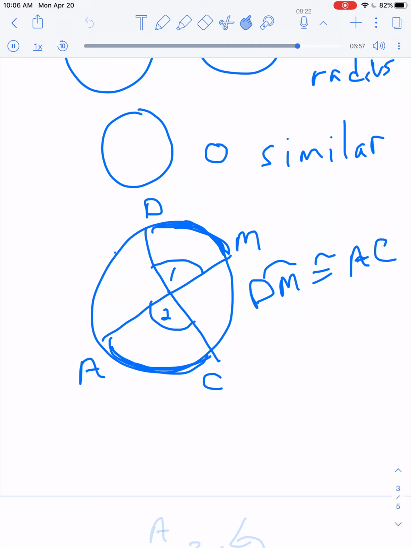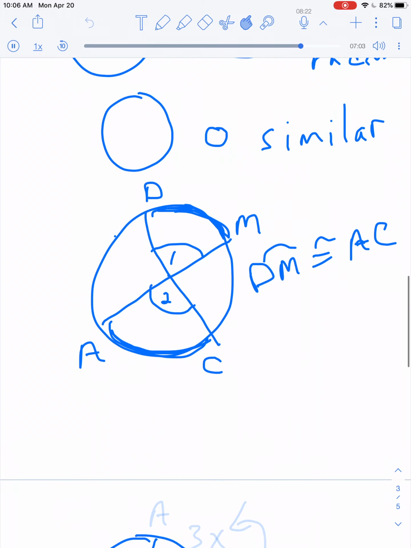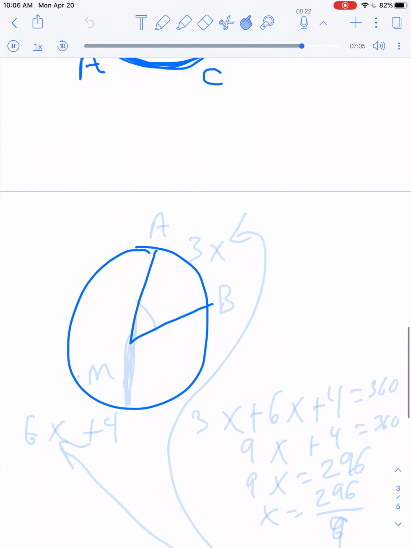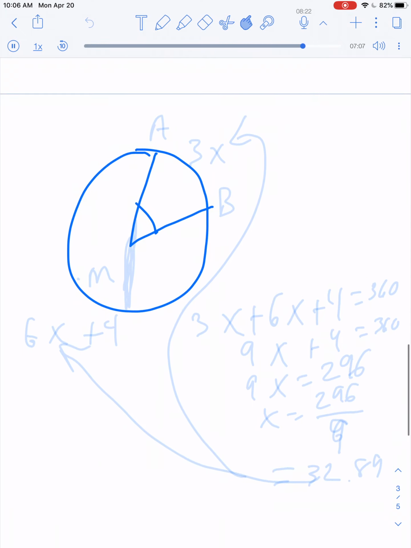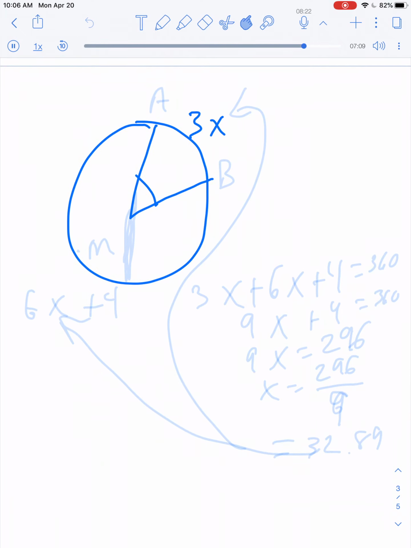So some of the problems you're going to see in the book require a little algebra. Nothing too technical. Let's say you had this, and this arc up here is 3x, and this big major arc is 6x plus 4. And you have to figure what each arc's going to be. So we'll call this A, B, and we'll put an M over here.